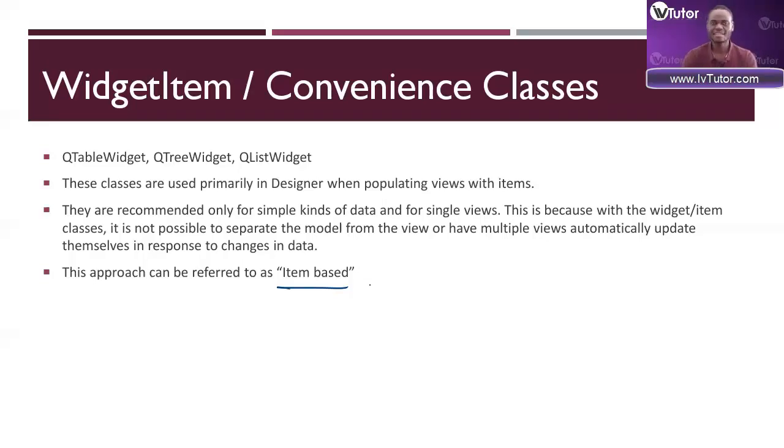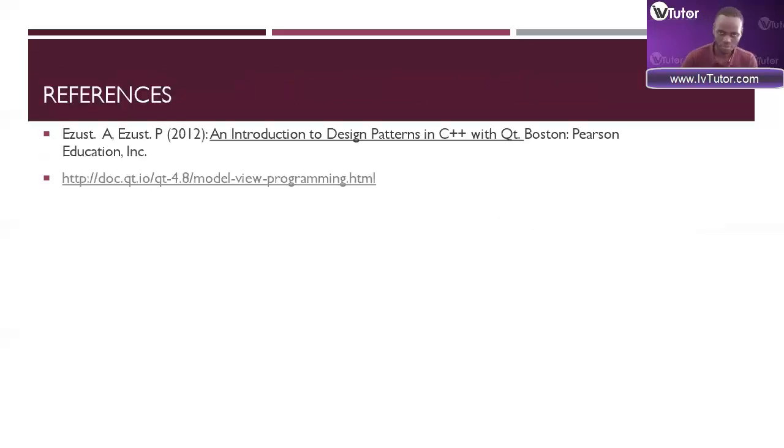So basically, this summarizes the model view architecture, and I do encourage you to go and read more in the textbook. You can go and read about the MV architecture from there, which is your recommended textbook. You can also go on the Qt framework and just search model view programming and go on the official Qt documentation.